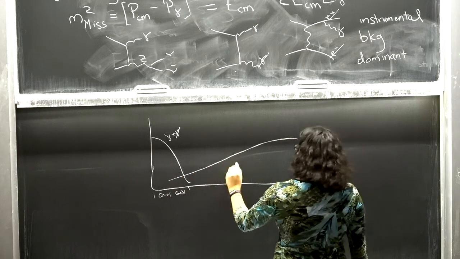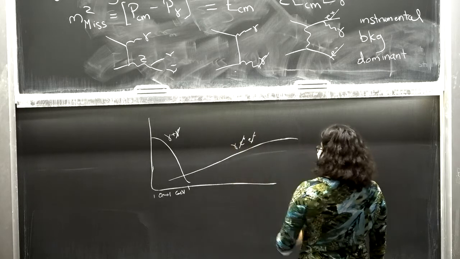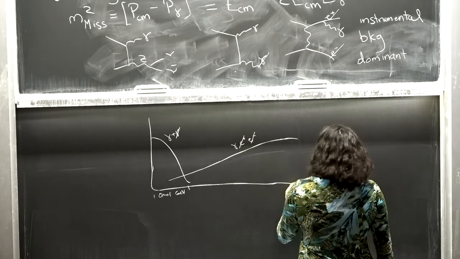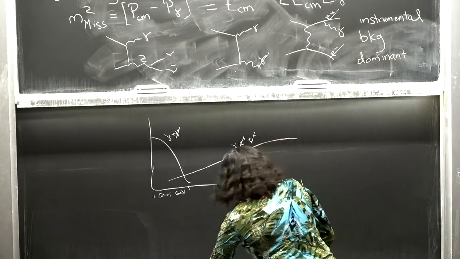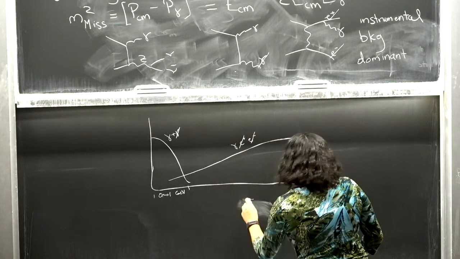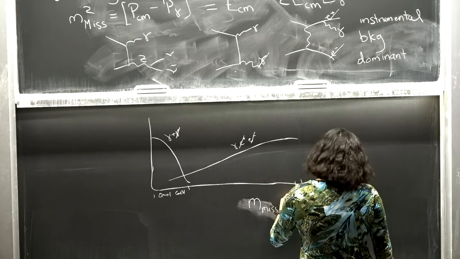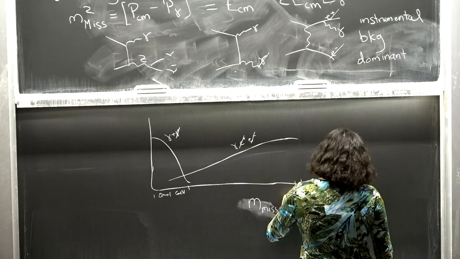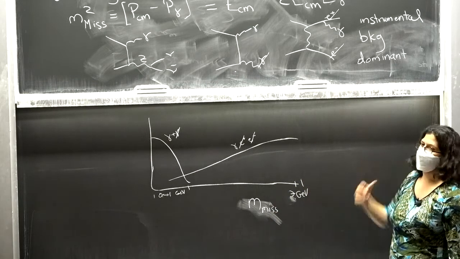And then a continuum piece that's coming from losing the E plus E minus from Bhabha scattering, out to the highest MS they look at, which is like 7 GeV. They can't look all the way up to threshold just because then the photon gets too soft.